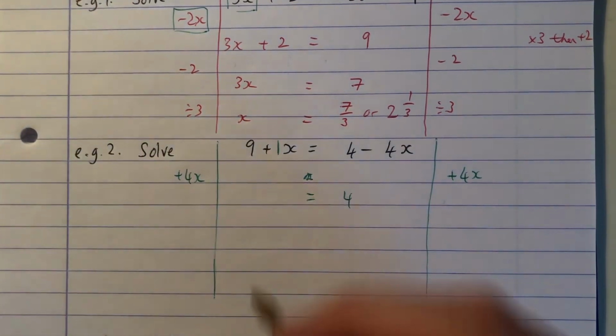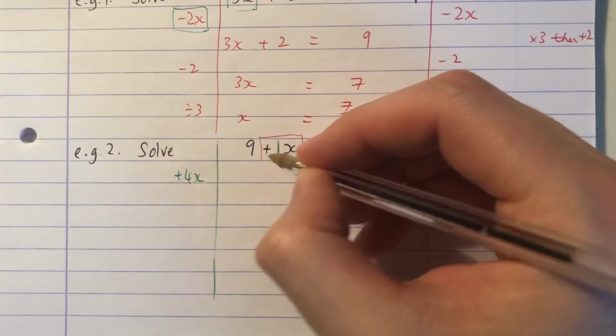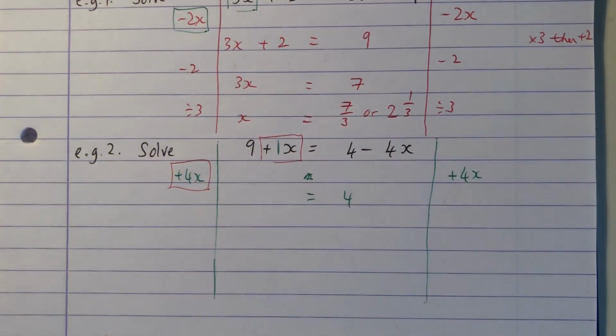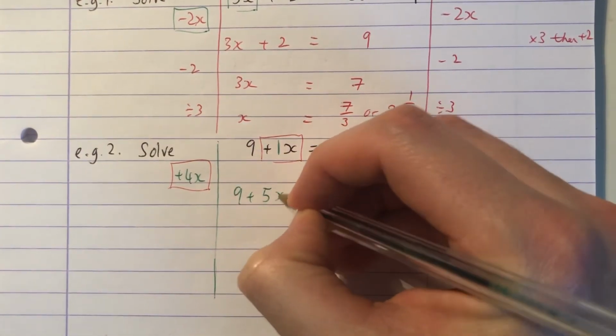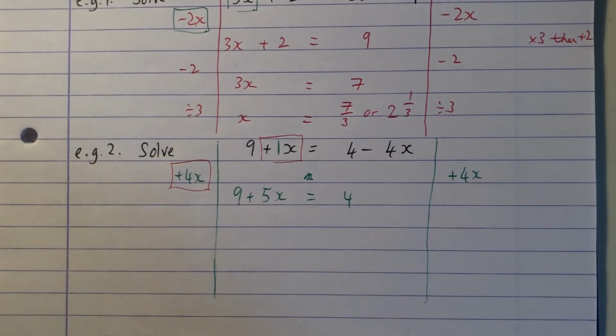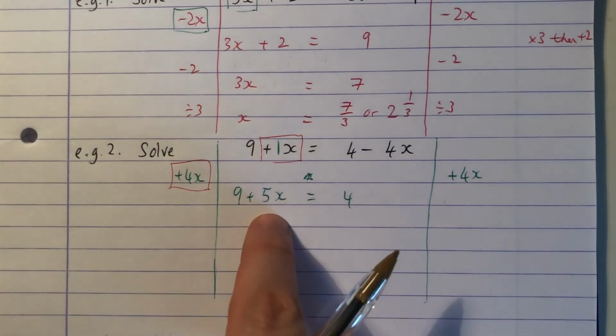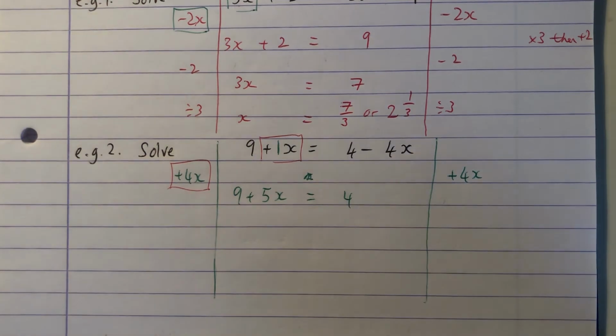But there are like terms on this side, and a 1x plus a 4x gives you 9 plus 5x. And then you've got one equation with one letter on one side, and you can solve it normally.